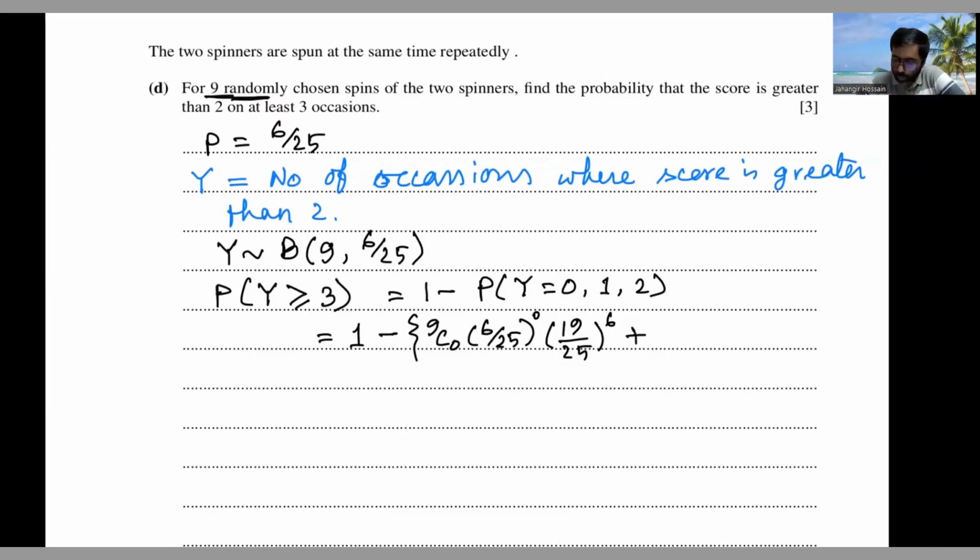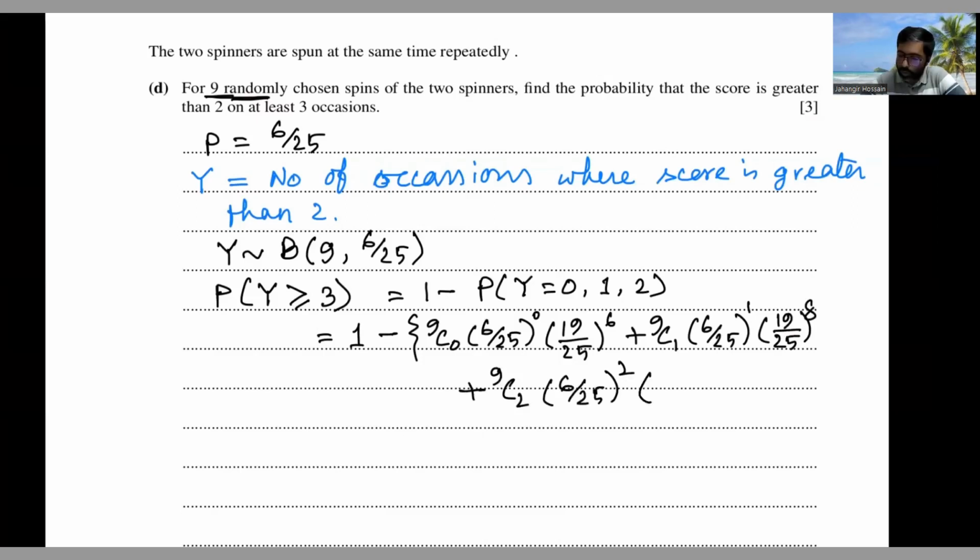And probability of Y equal to 1 is 9C1, 6 by 25 to the power 1, 19 by 25 to the power 8, plus 9C2, 6 by 25 to the power 2, 19 by 25 to the power 7.